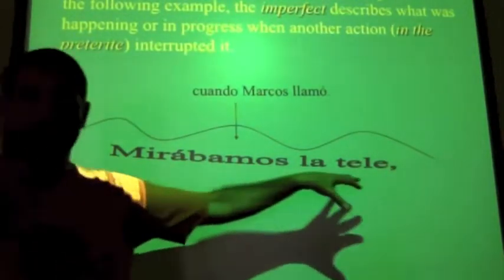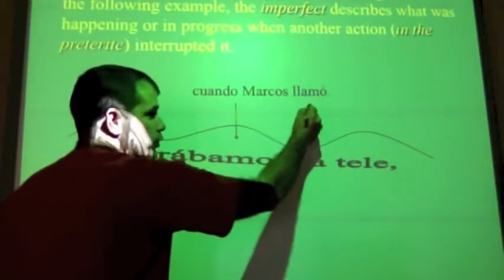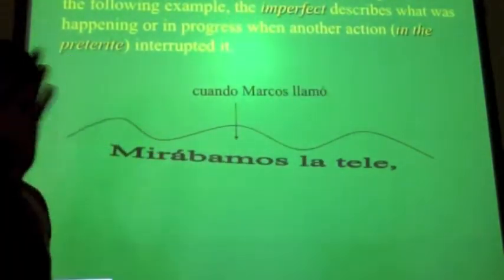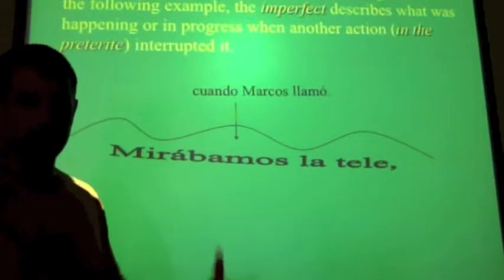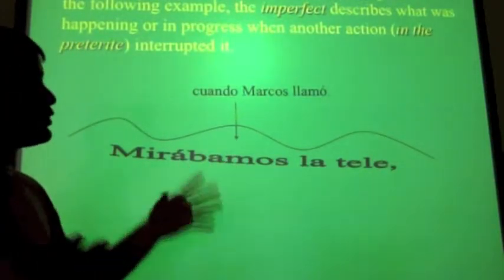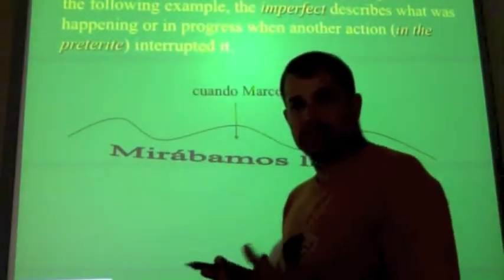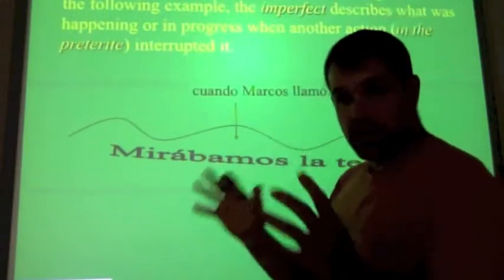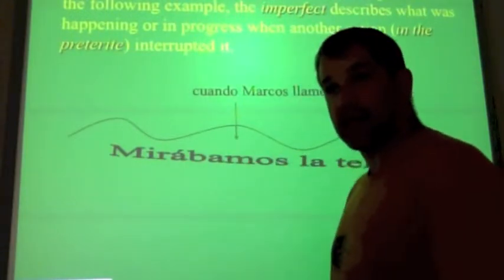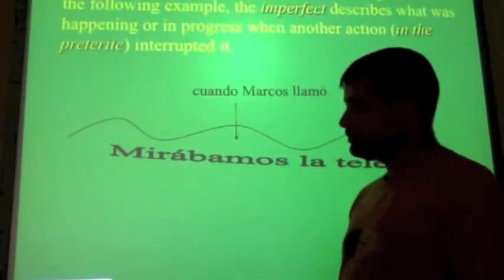So, mirábamos la tele, we were watching TV, cuando Marcos llamó, when Marcos called, and that's a one-time event, boom, that's the preterite tense. Because there's closure to it, it happened. So that's the basic difference between the two. This is a very good example of using the imperfect and the preterite in the same sentence, where one is ongoing and the other one interrupts it as an action that's completed. Mirábamos la tele cuando Marcos llamó.